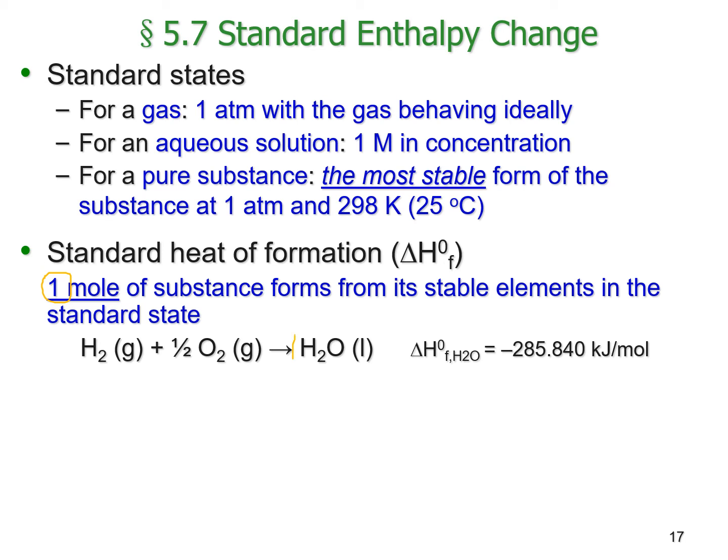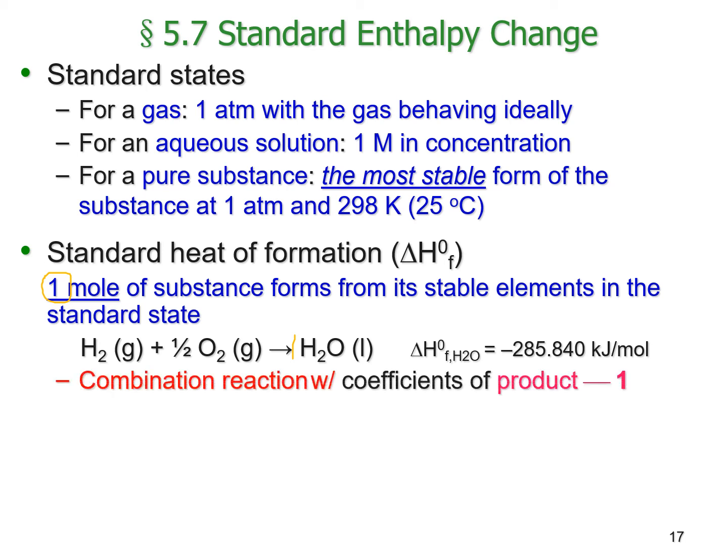So we put a 1 in front of the water. Then we determine the coefficients of the rest. Apparently, we realize formation reaction is a form of a combination reaction with one particular condition. Coefficient of a product must be 1.